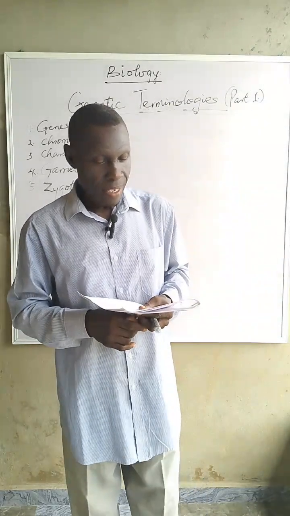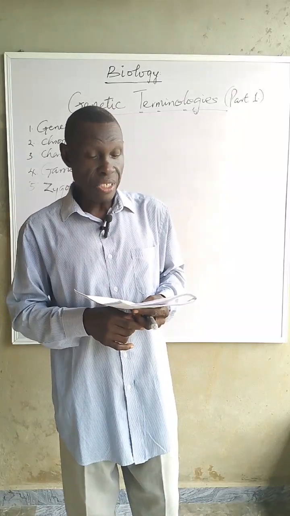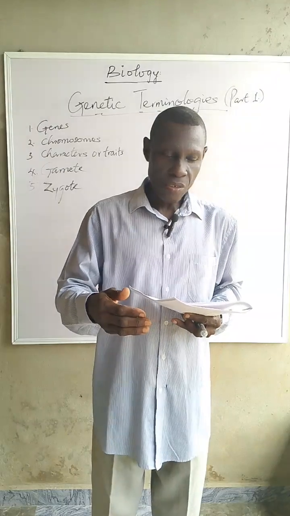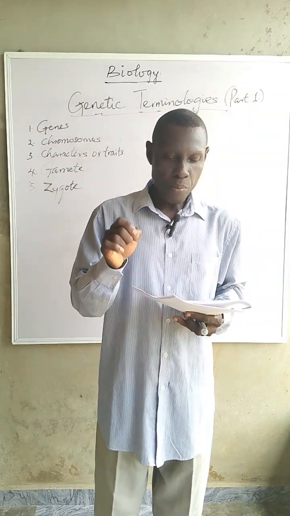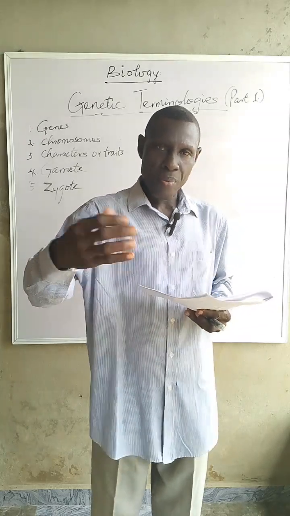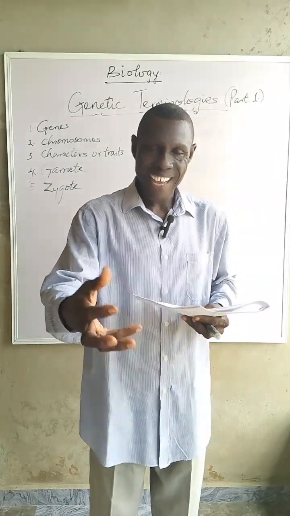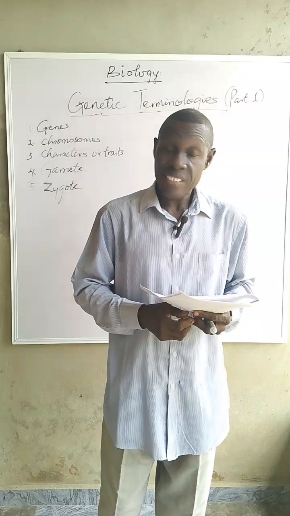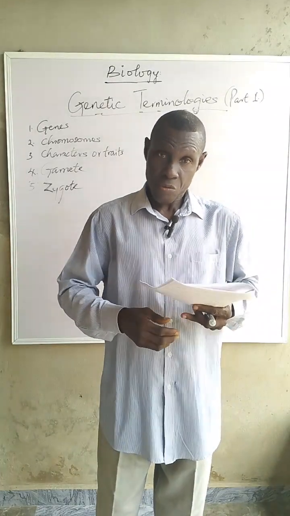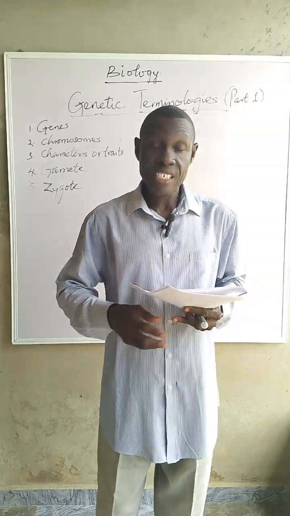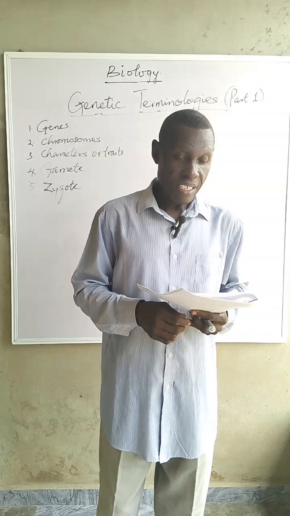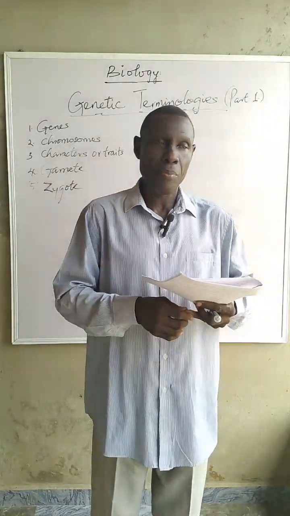Then number three, characters, or we call them traits. These are the inheritable attributes or the features possessed by an organism which the children can inherit. For example, the seed in the case of plants, the color, that's the complexion, also in human beings, the seed size, the height, the tallness of the child, or also of the plant.